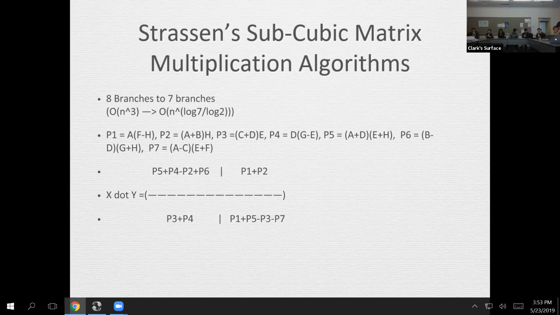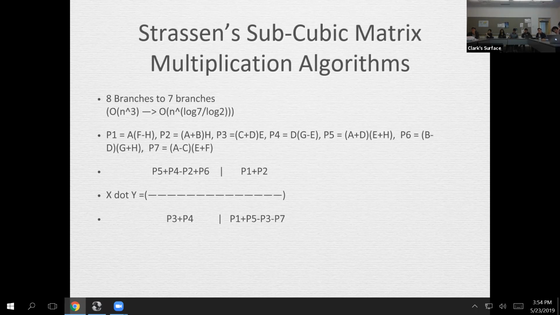So when you want to dot two matrices, you can also do it in this way, in a divide and conquer way, which you separate them into branches and dot the inside of them and merge them to get your final result.